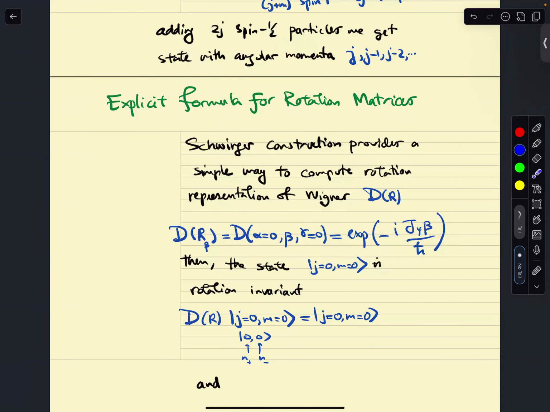And in 2 examples in your homework, I made you do explicit calculations of what the matrix elements of this rotation are. What we're gonna do is derive that using the Schwinger oscillator model. Good.